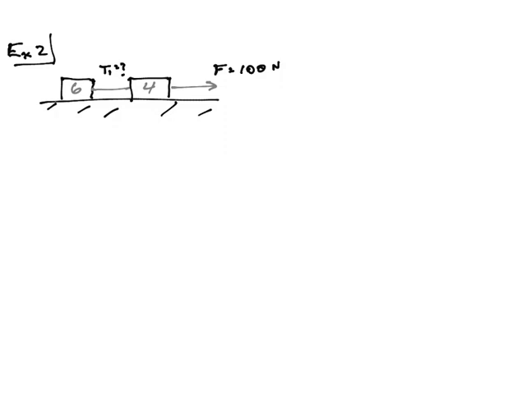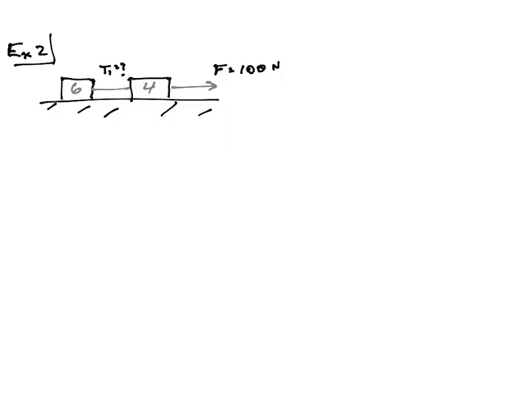There's a rope connecting the 2 boxes. Then on one of the boxes, the 4 kilogram box on the right, there's another rope, and I'm pulling on that rope, pulling the whole system to the right. And I pull with a total force of 100. The question I'm going to ask is, in the rope between the boxes, what's that tension?